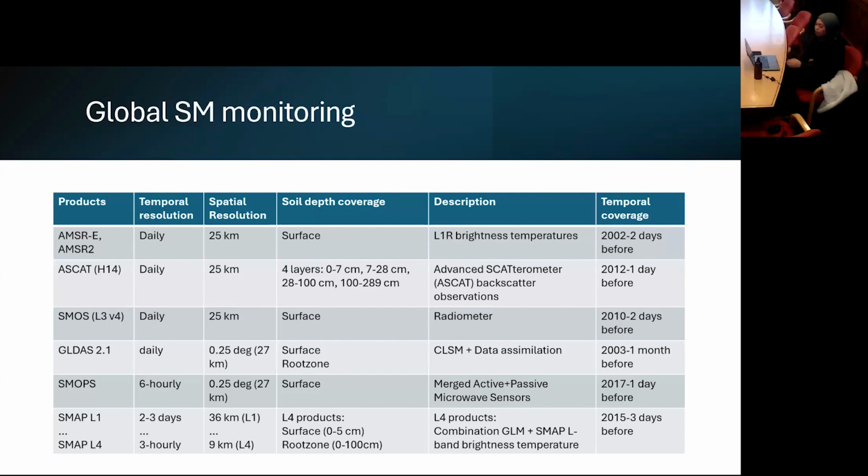But when you have a look at the spatial resolution, this kind of data set is probably not really meeting your requirement if you want to use it in a local area.